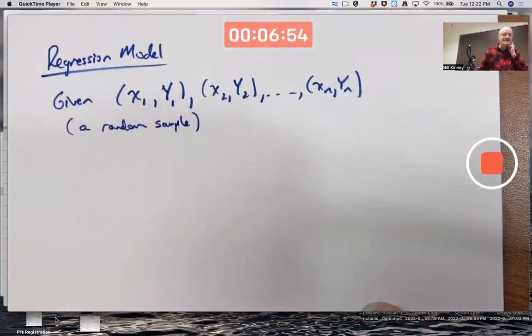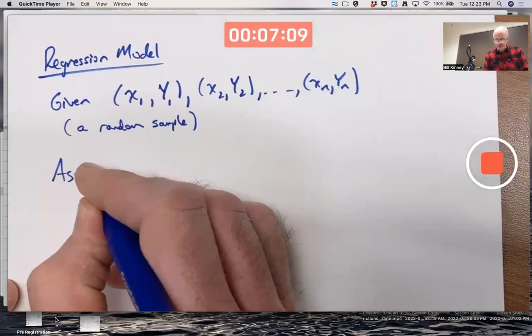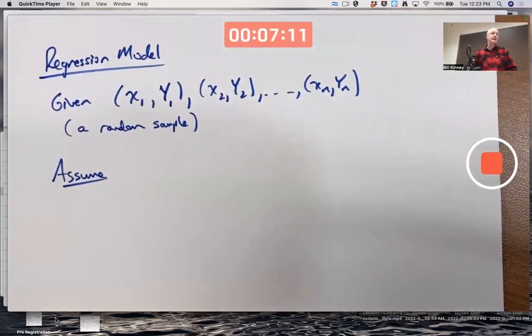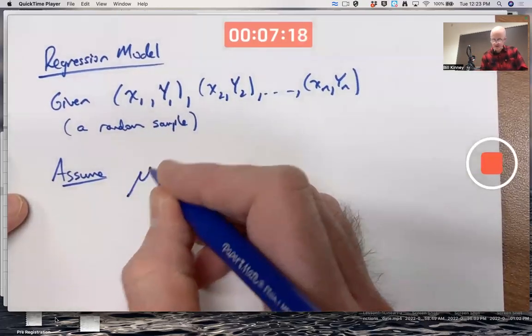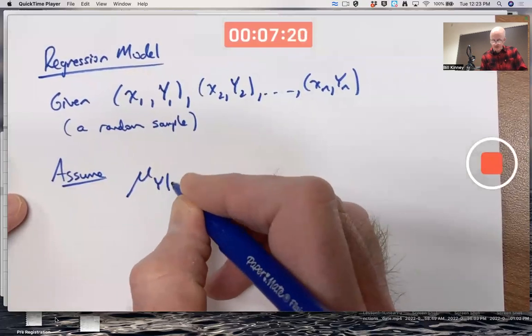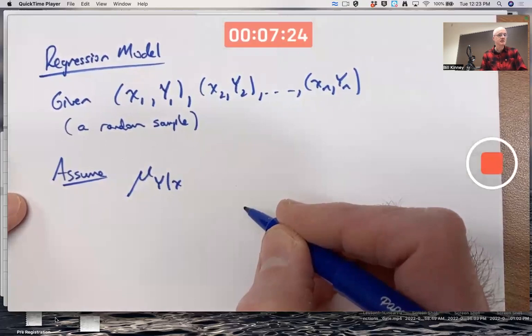The y's, though, depend not just in a random way based on some probability model, but also they depend on x. We assume, and this is a big assumption, that the curve of regression of y on x is a linear function. Remember mu sub y given x from chapter 5?